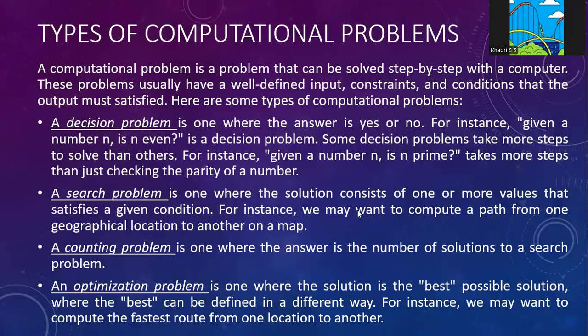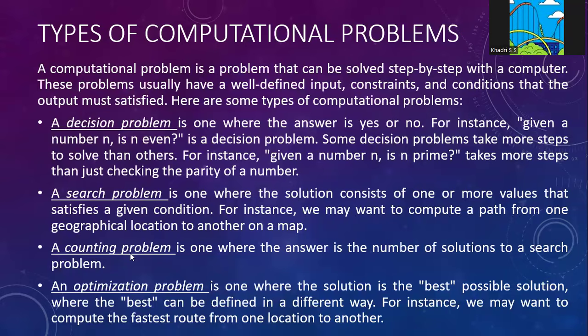For example, we may want to compute a path from one geographical location to another on a map. So we have one or more values, and we need to find the ones that satisfy the given conditions, whether greater than or equal to, lesser than or equal to, and so on. That is a search problem.